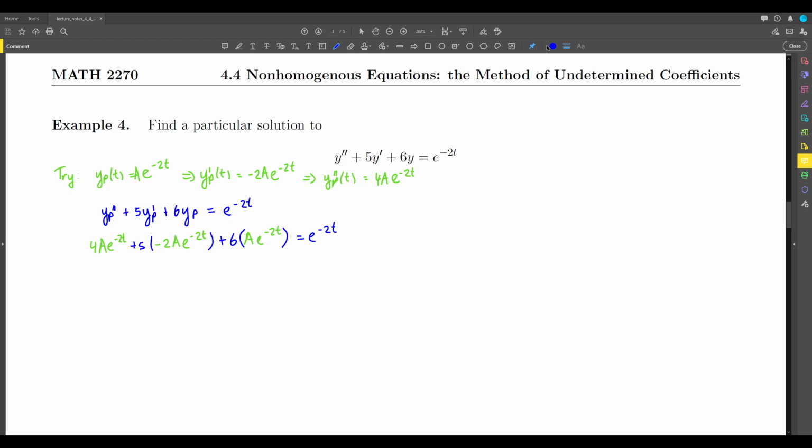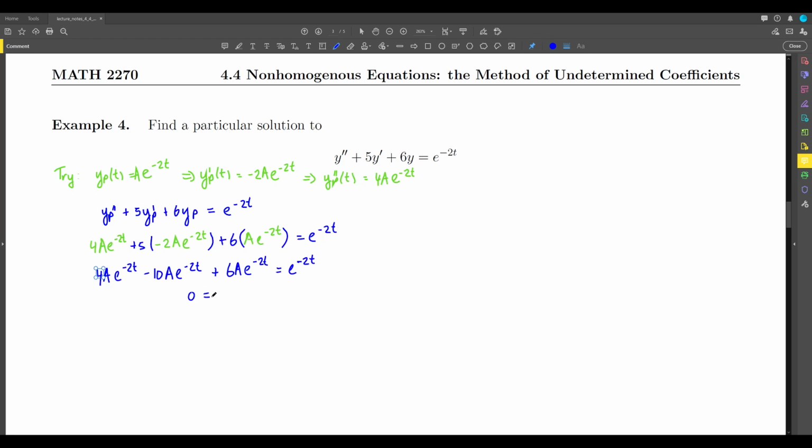So let's simplify the left-hand side. We get 4a e to the power negative 2t, then negative 10a e to the power negative 2t, and then plus 6a e to the power negative 2t, and that equals e to the power negative 2t. But what we notice now on the left-hand side is that 4a plus 6a is 10a, and 10a minus 10a is 0.